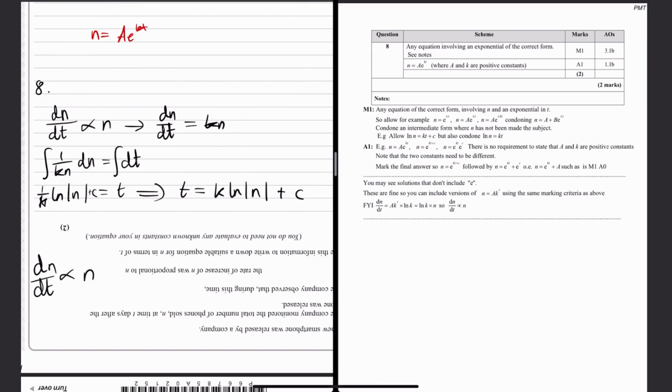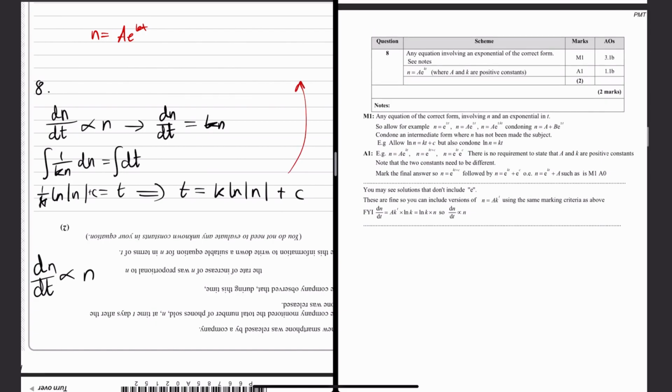Although, if you look at this, I think we can just rearrange this. So if we say k ln n is equal to t minus c, then we've got ln n is equal to 1 over k times t minus c. So n is going to be e to this power, e to the 1 over k multiplied by t minus c.